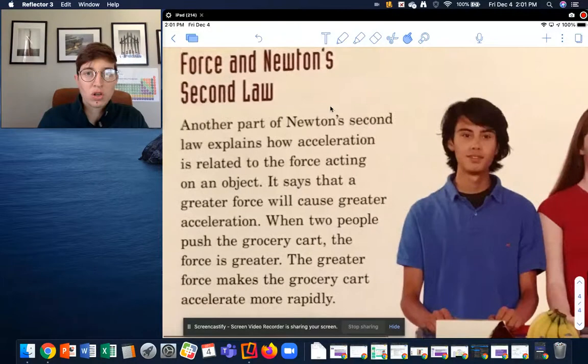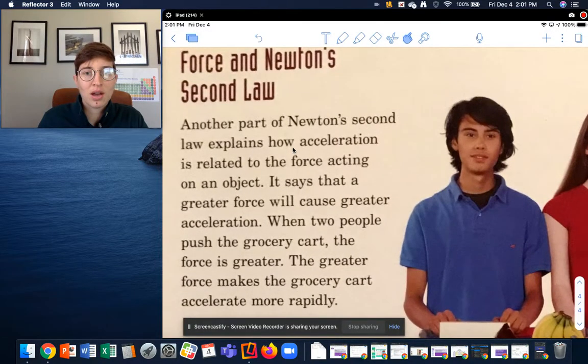Another part of Newton's second law explains how acceleration is related to the force acting on an object. It says that a greater force will cause greater acceleration. When 2 people push the grocery cart, the force is greater.